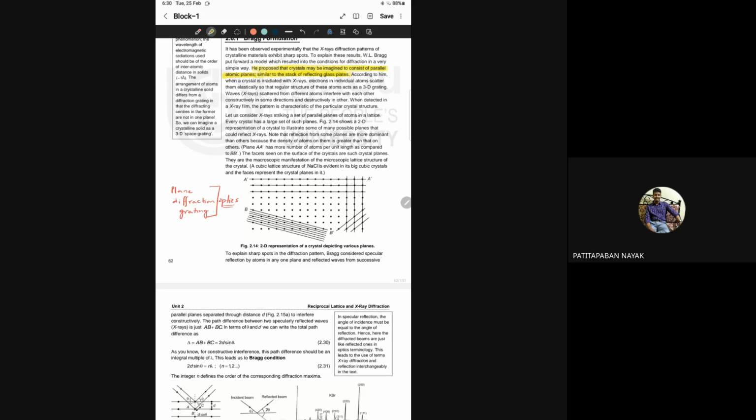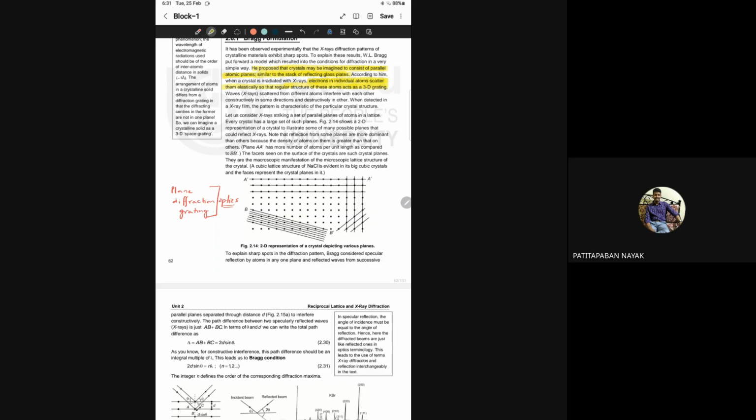According to him, when the crystal is irradiated with X-rays, electrons in individual atoms scatter them elastically, so that the regular structure of atoms acts as a 3D grating.